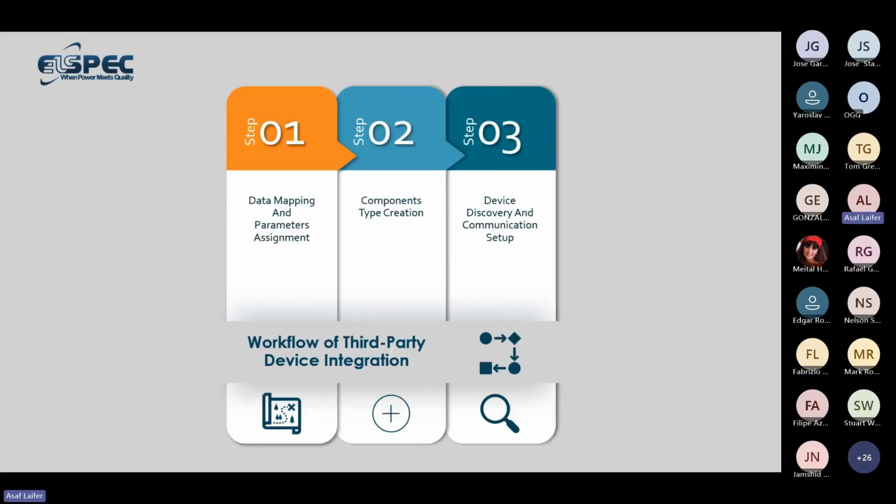So let's start. When you want to perform activation of PQSCADA Sapphire into a sensor that has Modbus communication, you need to follow three basic steps. The first step is what we call the data mapping and the parameter assignment. Modbus is a protocol where each parameter is stored in a register, okay?